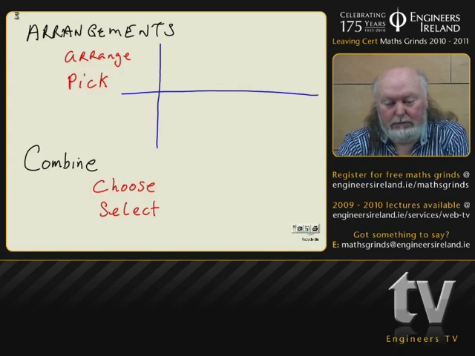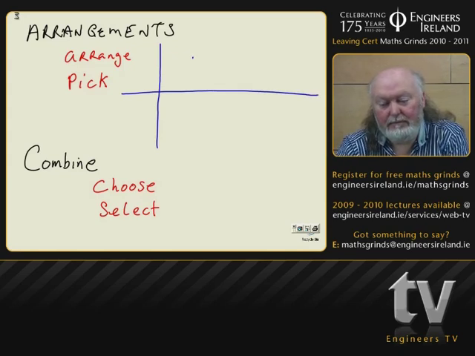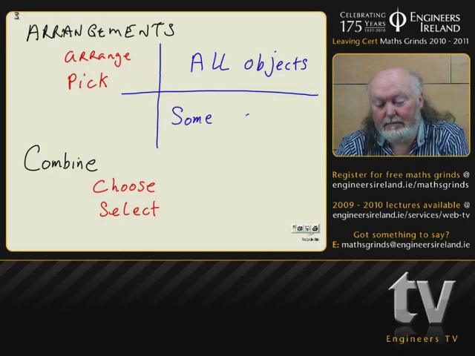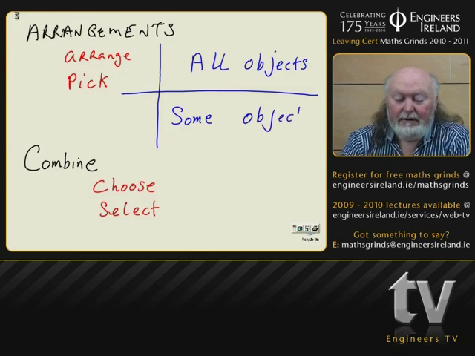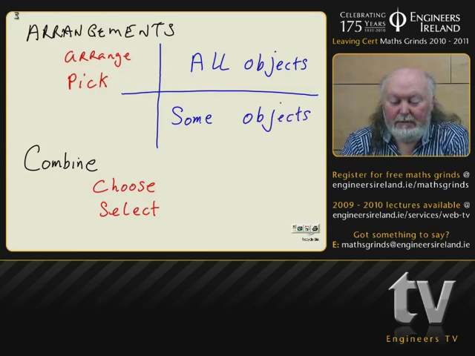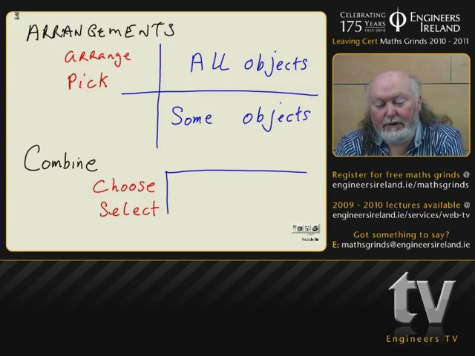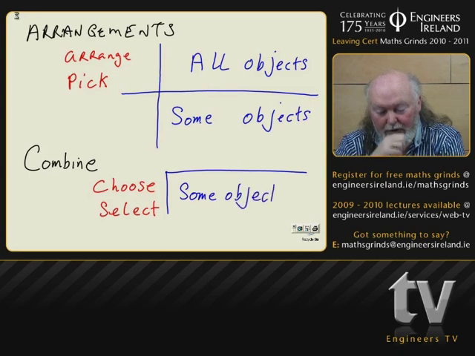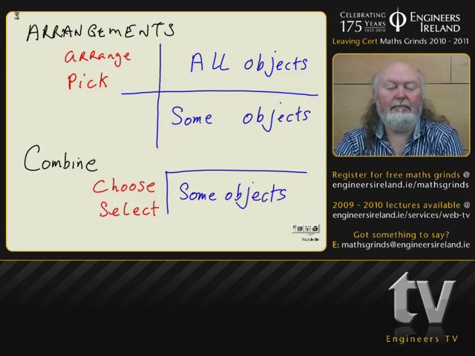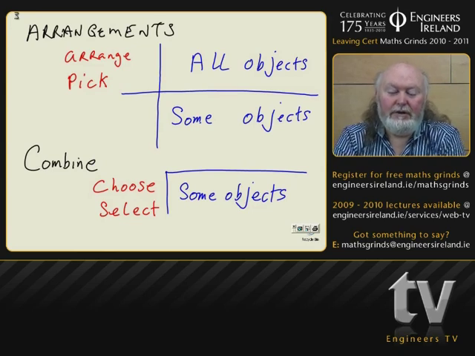The first one has to do with all objects. The second one has to do with some objects. And likewise, down in the combination side of things, it has to do with some objects. Okay, what does the all and the some relate to?